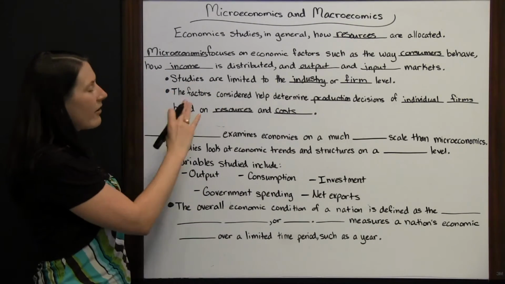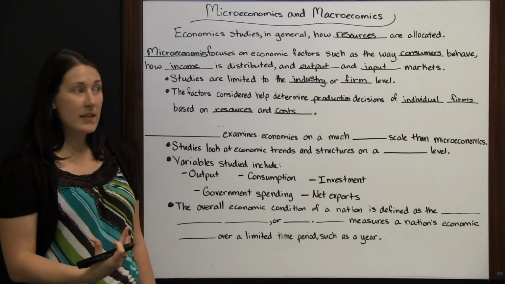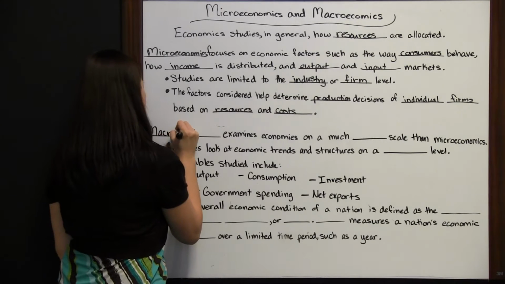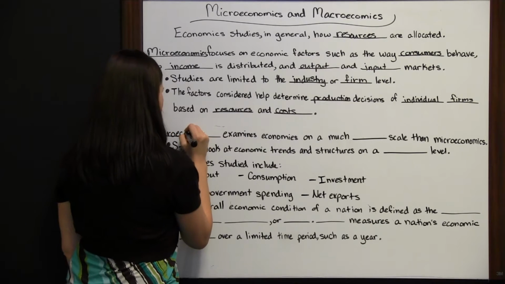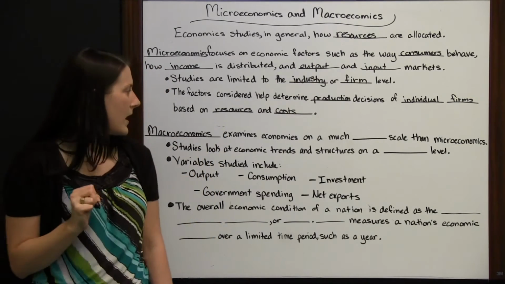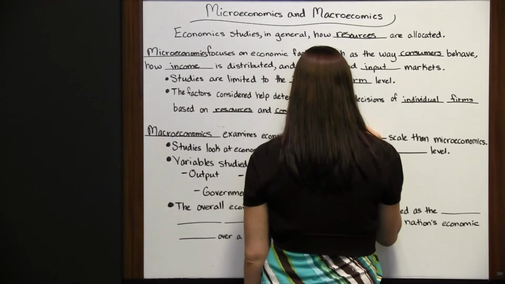So microeconomics is just focusing on specific industries or on specific companies. Macroeconomics examines economies on a much larger scale than microeconomics.